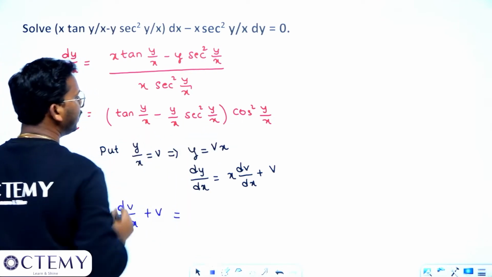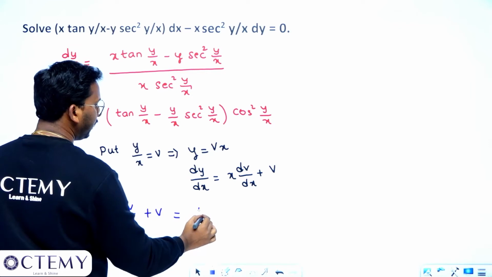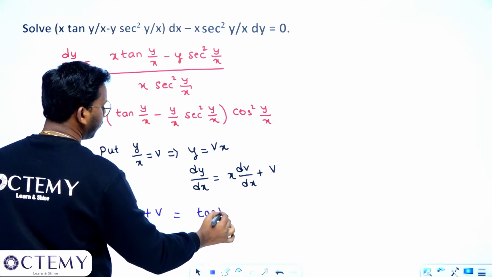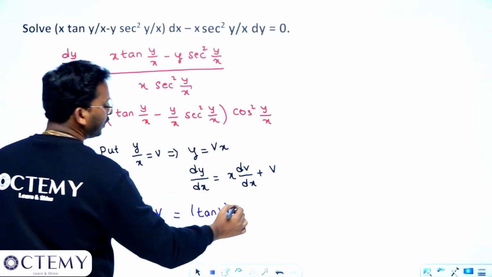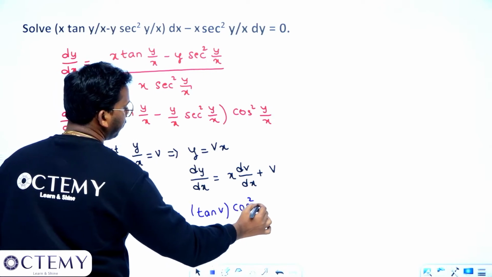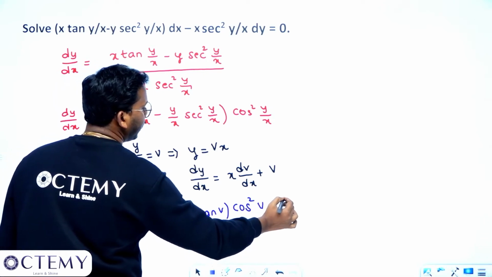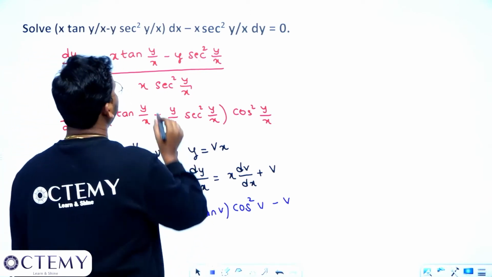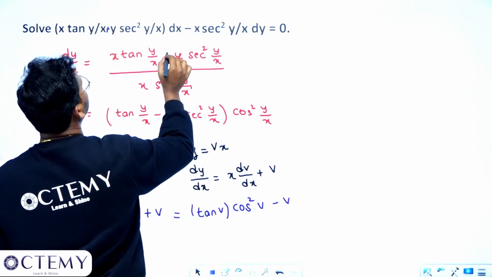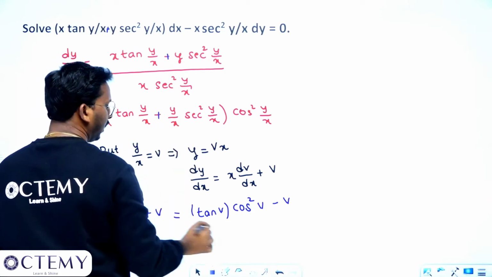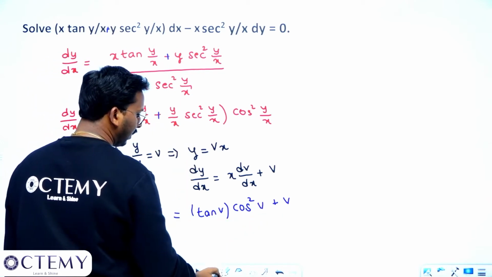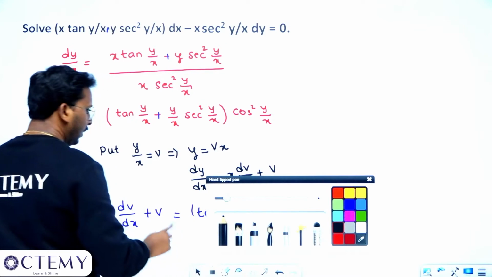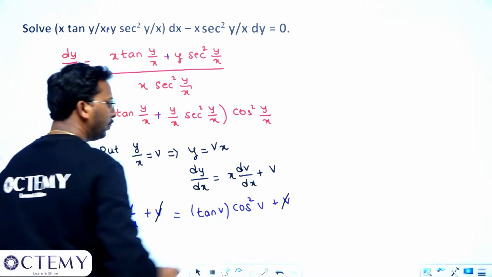If you multiply this, this will become tan v into cos square v minus v, this will cancel, sir. So this should be plus here. The printing mistake is there has to be plus here. If this is plus here, then see sir, what will happen? This fellow and this fellow will get cancelled.